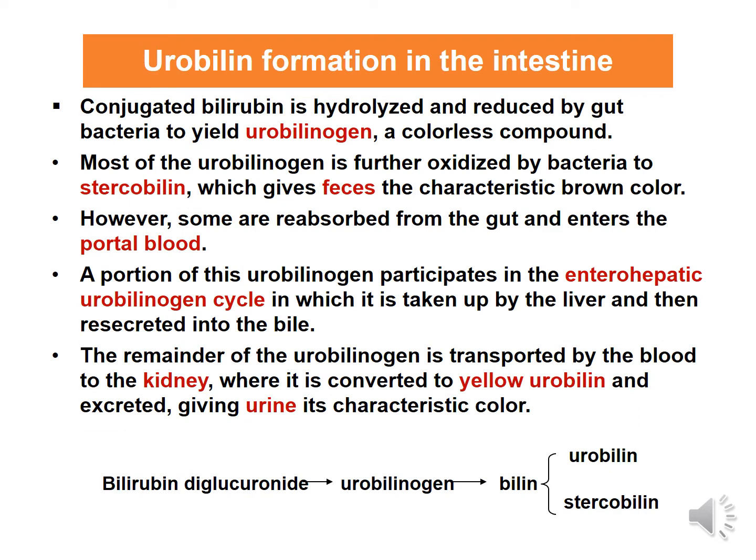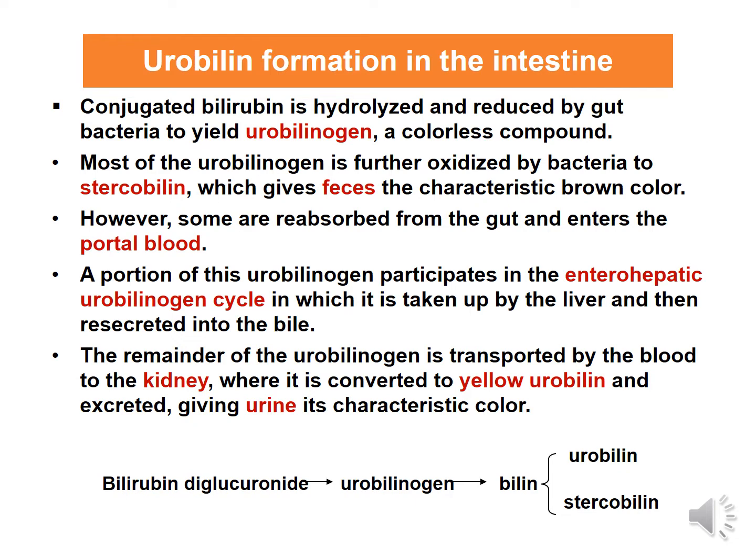Conjugated bilirubin is hydrolyzed and reduced by gut bacteria to yield urobilinogen, a colorless compound. Most of the urobilinogen is further oxidized by bacteria to stercobilin, which gives feces the characteristic brown color. However, some is reabsorbed from the gut and enters the portal blood.